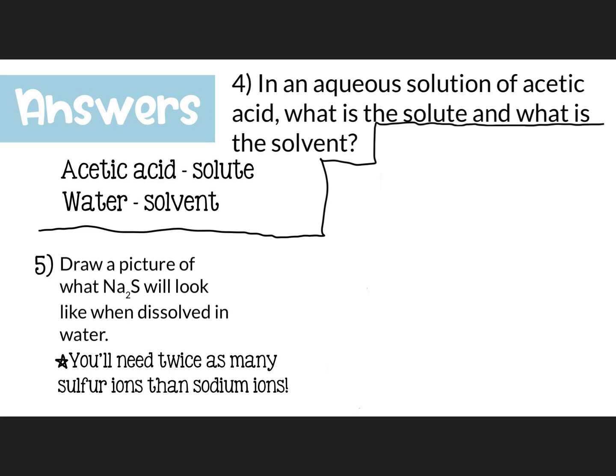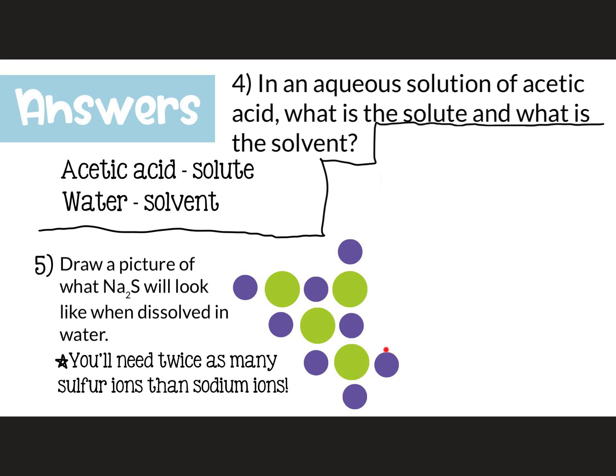Next, we will draw a picture of what Na2S will look like when dissolved in water. Note that you will need twice as many sodium ions as sulfide ions. If the purple is sodium and the green is sulfur, then you notice we have 1, 2, 3, 4 Na2S's here. Notice how they are not bonded together, they're just floating freely.